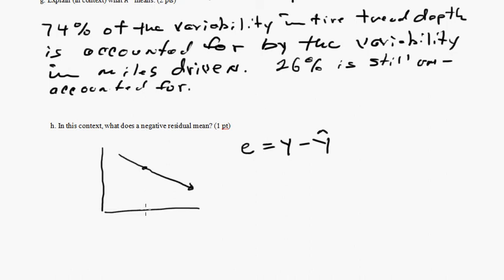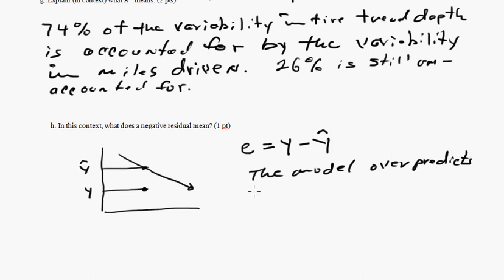So if we just take a point right here, negative means that y hat is bigger than y. So the model over predicts the tread depth.